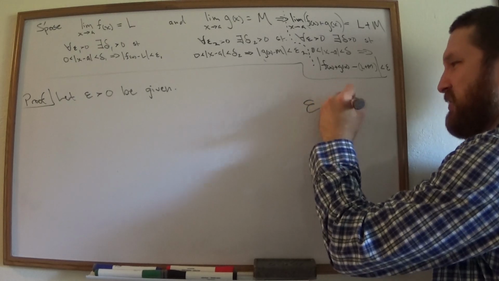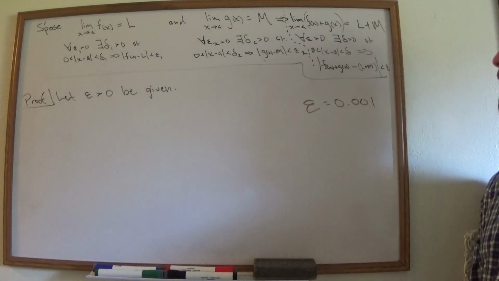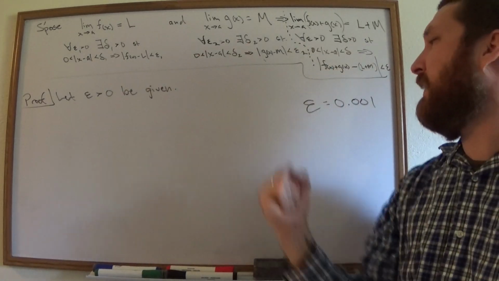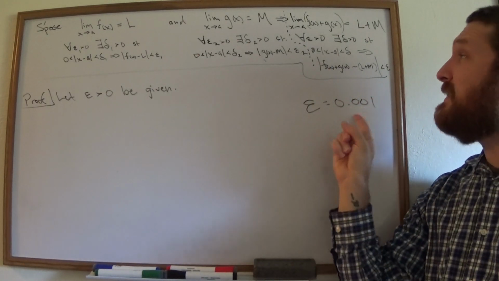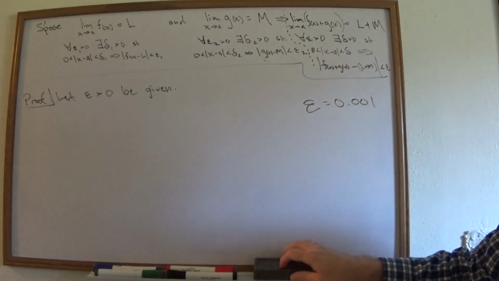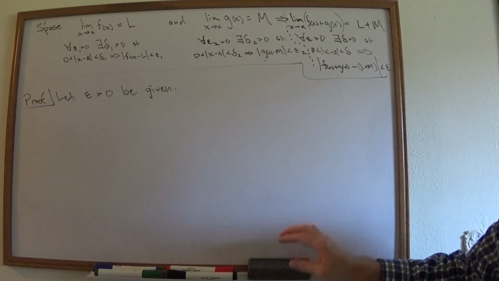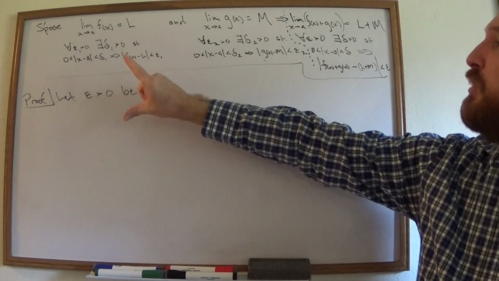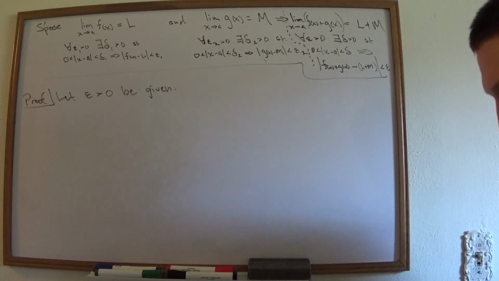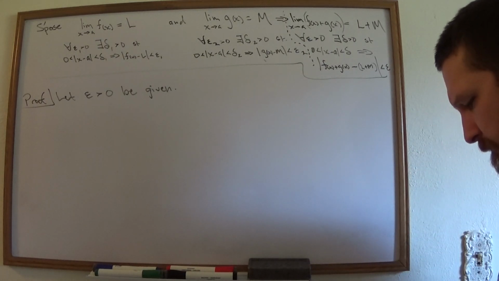Well, let me show you. And so I take whatever that is. I take my 1,000th. So now you've given me that epsilon, and what I'm going to do is say, let me tell you how close you need to get. Because that's what I'm trying to do now. I'm trying to show how close I need to get your outputs within 1/1000th of L plus M. Everybody get that? Okay.